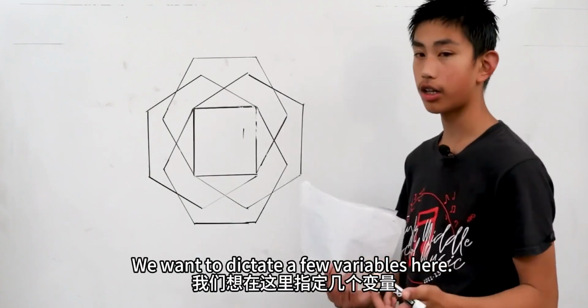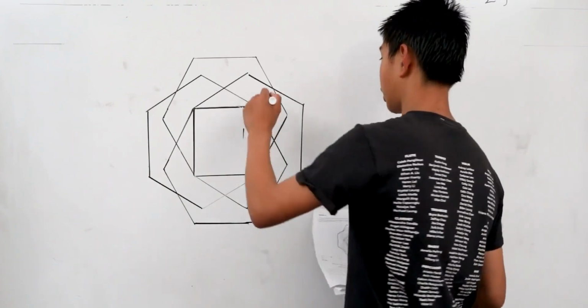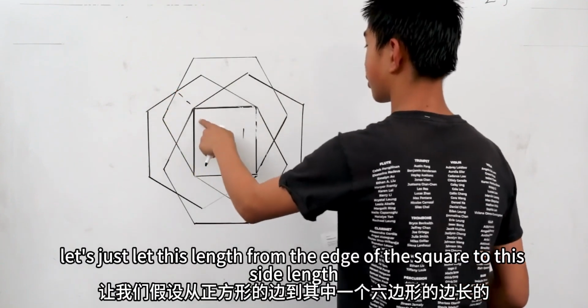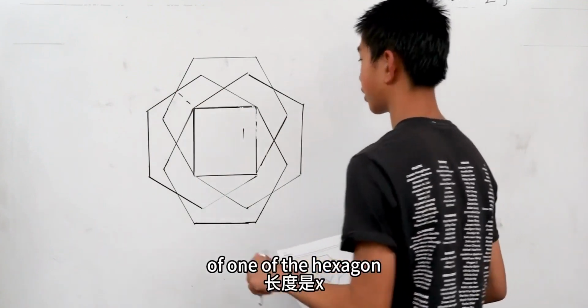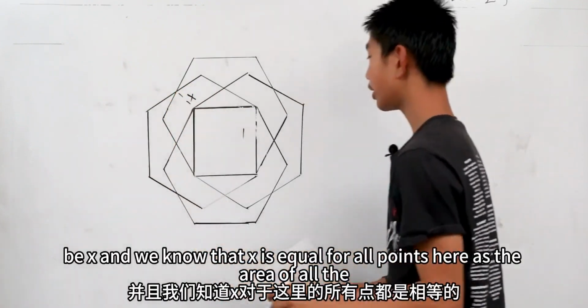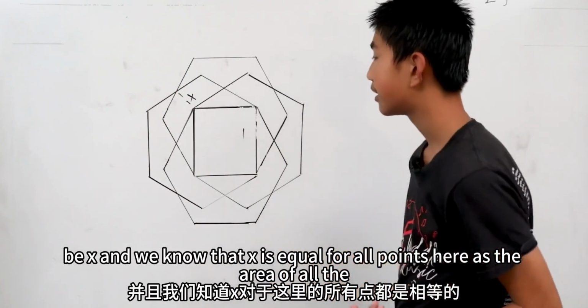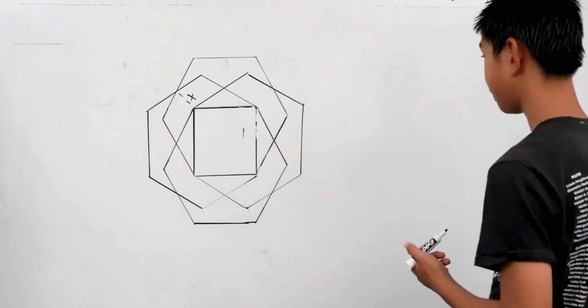So we want to define a few variables here. First of all, let's let this length from the edge of the square to this side length of one of the hexagons be x. And we know that x is equal for all of them, as the hexagons are all the same.